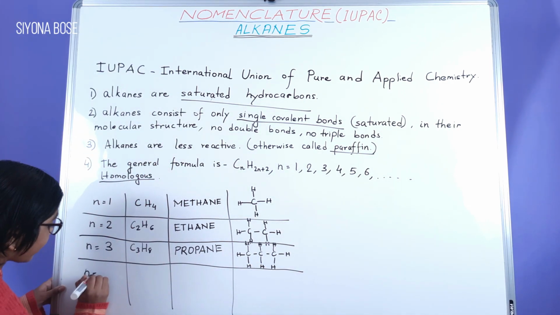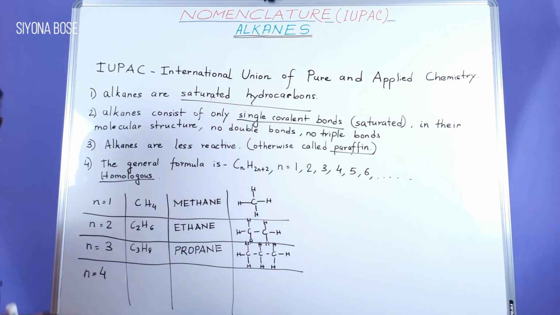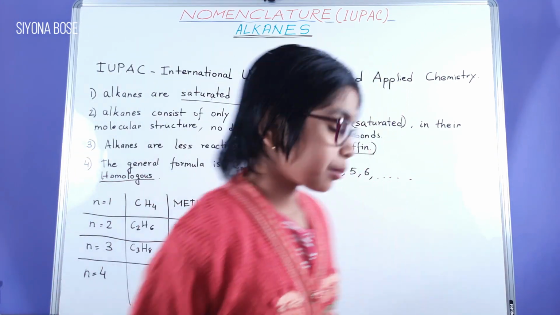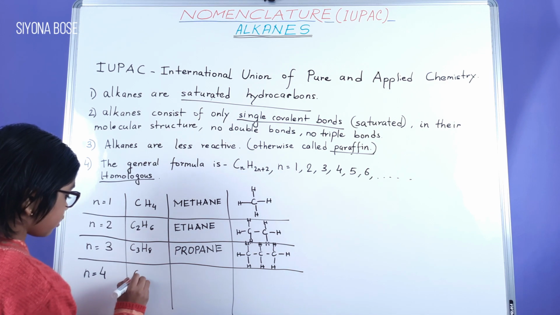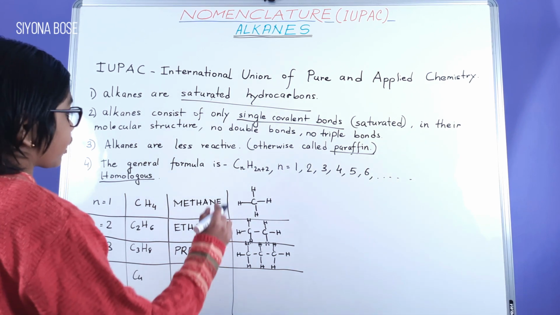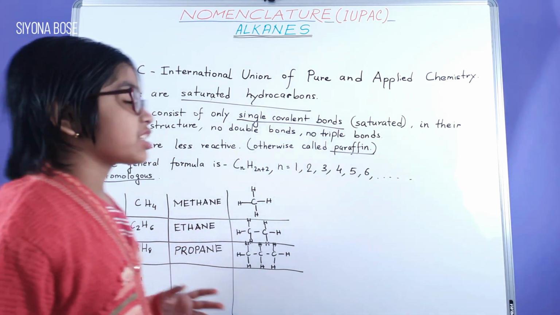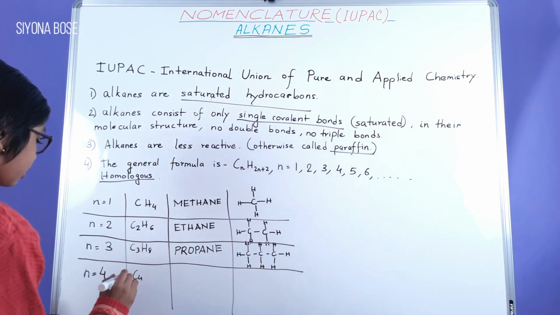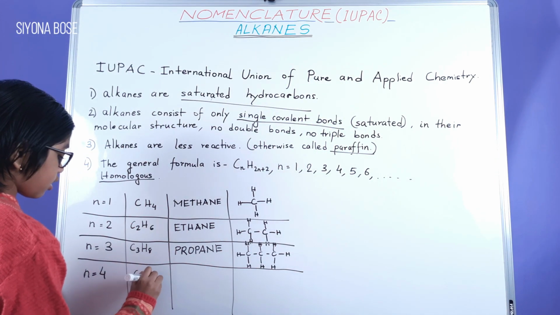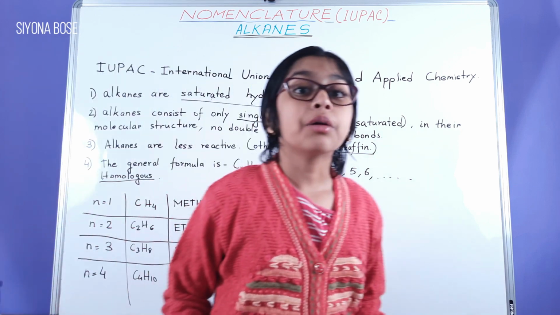We have n equal to 4, which gives us C4. Then we calculate again, 2 times 4, 8 plus 2, 10, H10. This is butane.